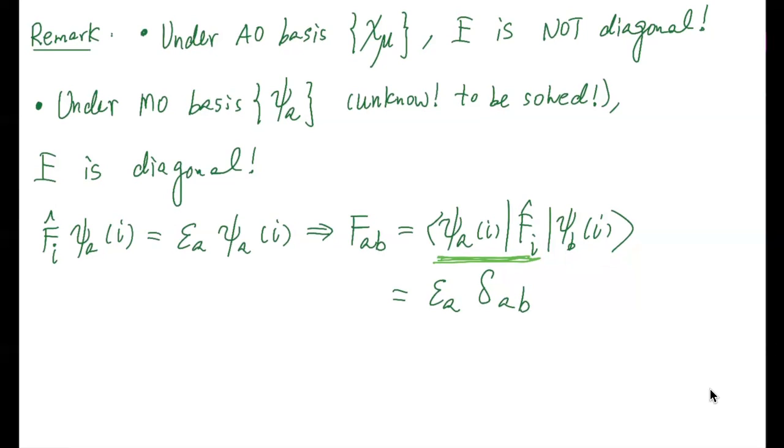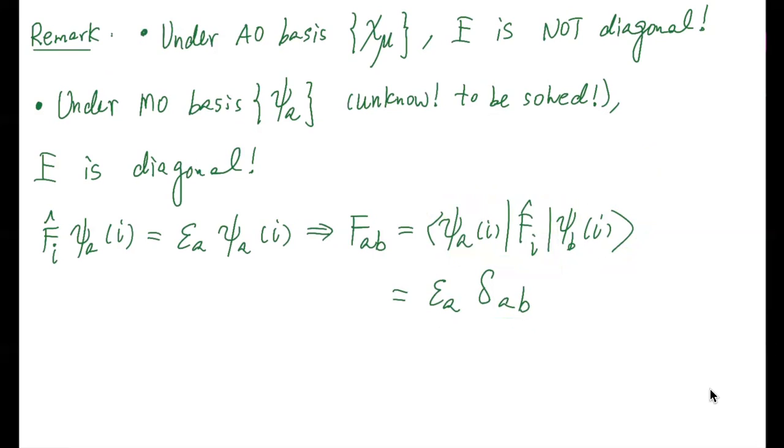And therefore, if you just look at this left part, this is the Hartree-Fock equation, which is the eigenvalue problem, right? So you will have epsilon A times the inner product between psi A and psi B, which gives you a delta AB, right?